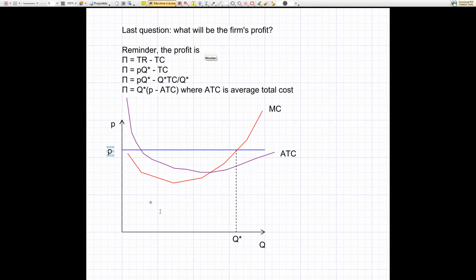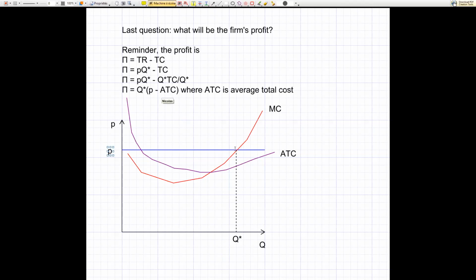Well, in this situation, just to see if you're aware this morning, do I make a positive or a negative profit? Positive. Yes, I decide to produce Q star. So let's see at Q star whether P minus ATC is positive or negative.